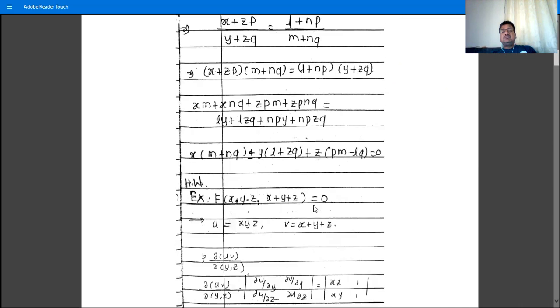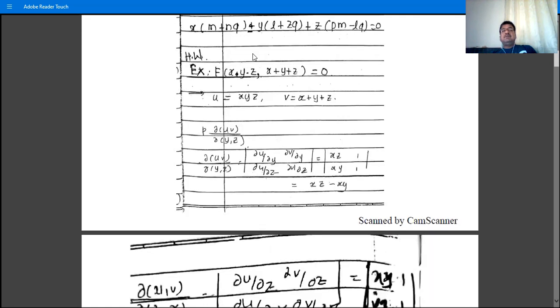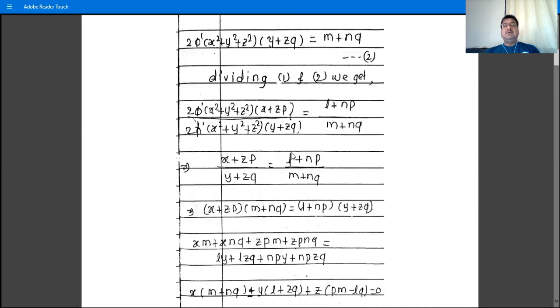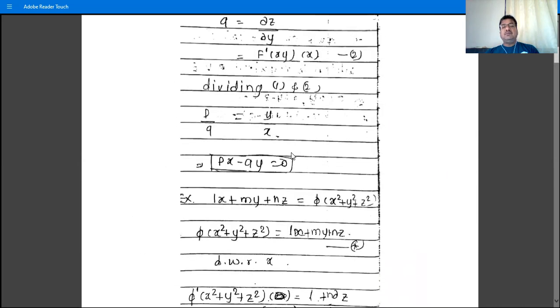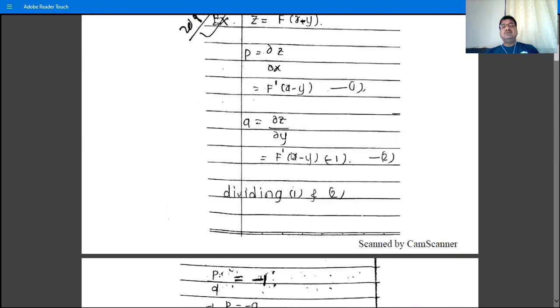So the solution is given and we have to find the partial differential equation. The next problem is again where the solution is given, f of (x into y into z, comma x plus y plus z) is equal to 0. So this is a problem of the type f(u, v) is equal to 0. There are two types of problem. If the problem is of the type f(u, v) is equal to 0, then use the standard formula.